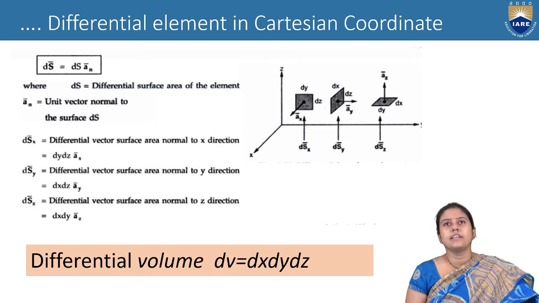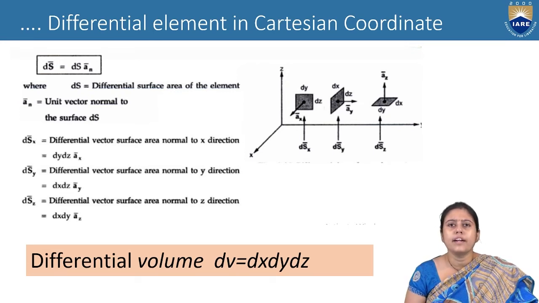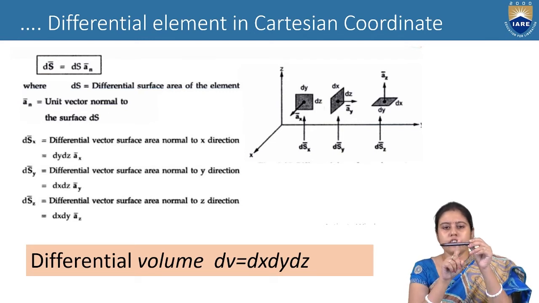Next important thing is the differential element in Cartesian coordinates. What is the meaning of differential? If we move a point by a very little amount, we can tell the length will change. Say one position is (x, y, z).